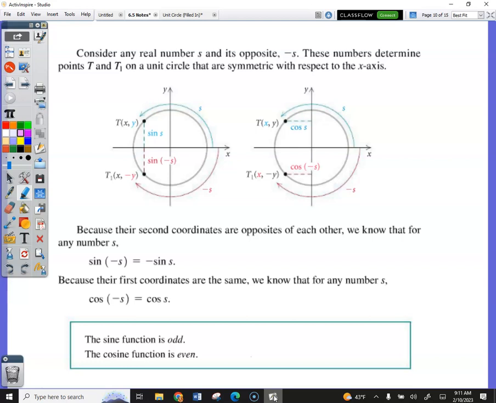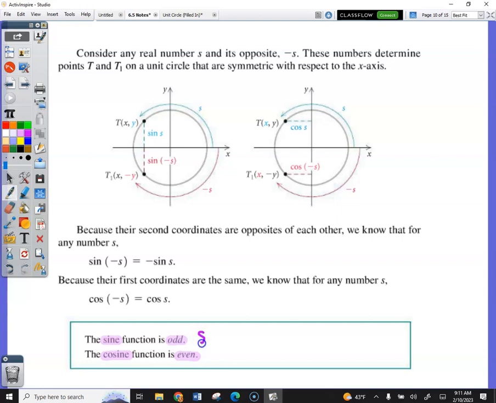The sine function is odd, the cosine function is even. We need to take some notes right here. This is coming back from college algebra, so I know y'all slept since then. When we say that the sine function is odd and cosine is even, here's what we mean by it.